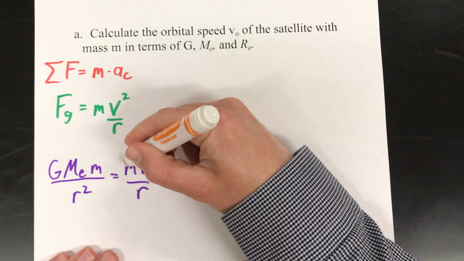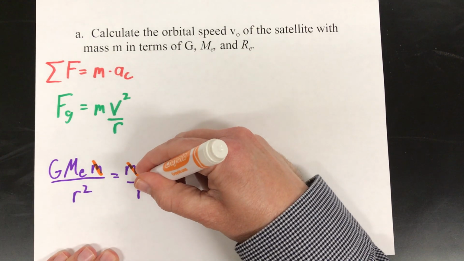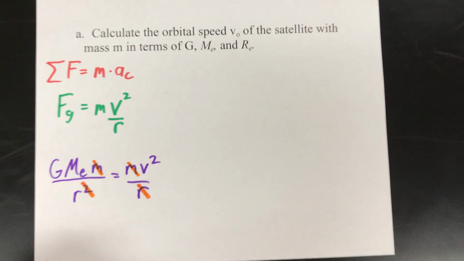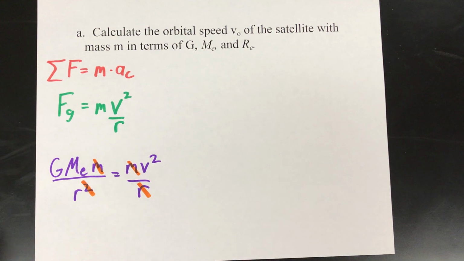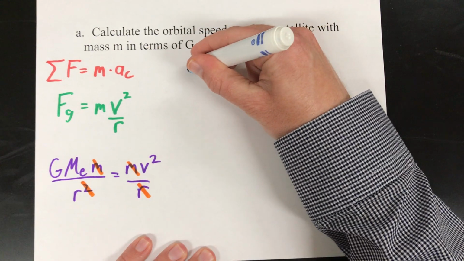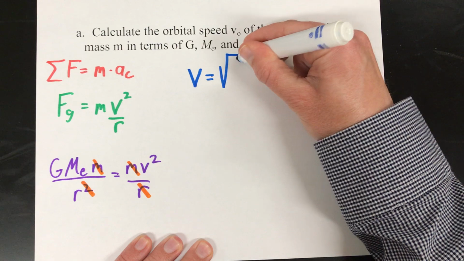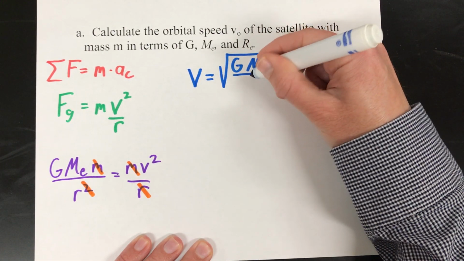So we'll see a few things happen here. One is that the mass of the satellite cancels out on each side of the equation, and the radius here cancels out with one of the radii there. And so now all we have left is v squared on this side. So we just need to take a square root of whatever is left over here. So v then is equal to the square root of big G times the mass of the Earth over the radius.